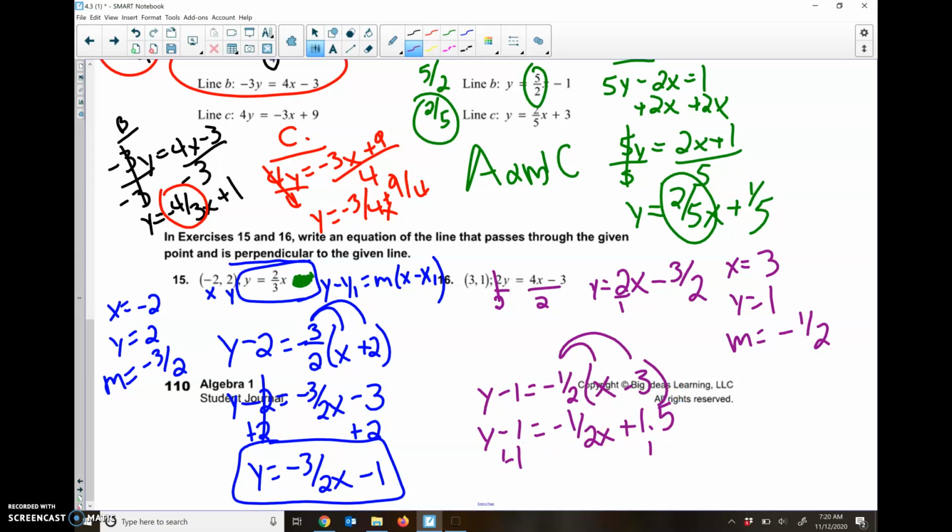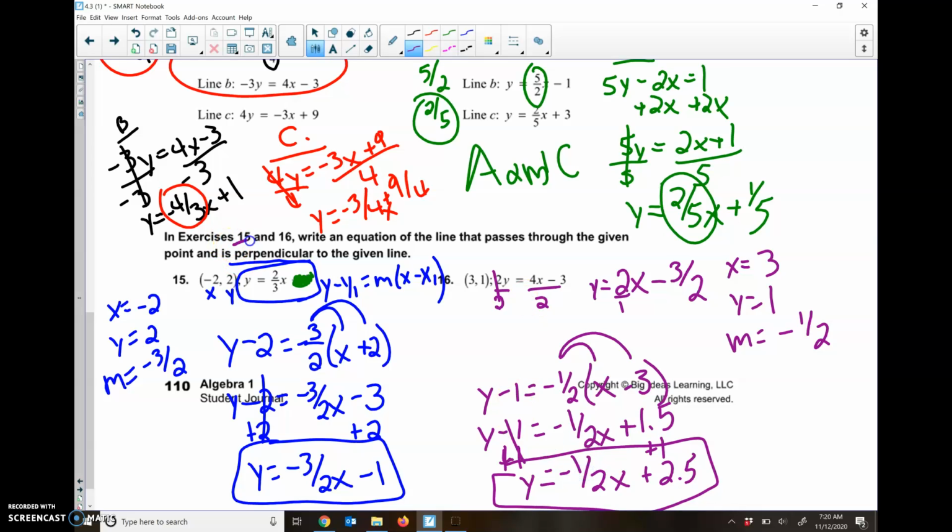Then I'm going to add 1 to each side. So that cancels out. So I'm left with -1/2 x. 1.5 plus 1 is 2.5. So a line perpendicular to y equals 2x minus 3/2 is y equals -1/2 x plus 2.5.